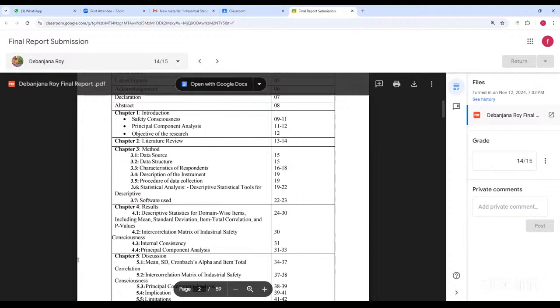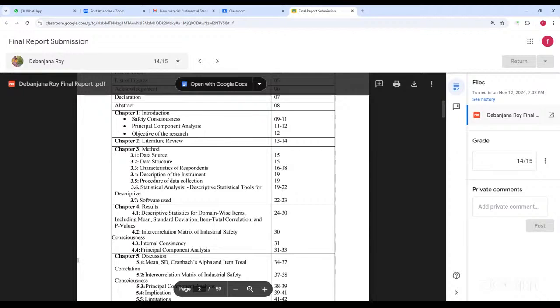So the number of questions and their rating categories, all these things will be discussed here. The reliability, the specific instruction, everything will be.